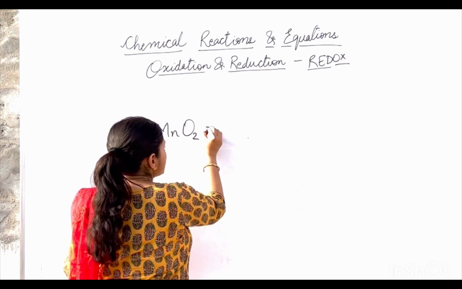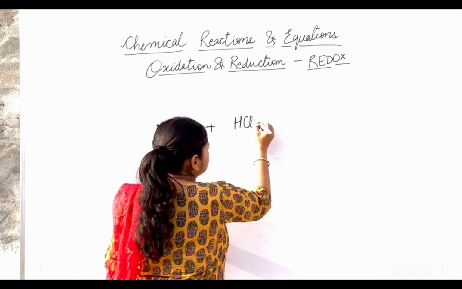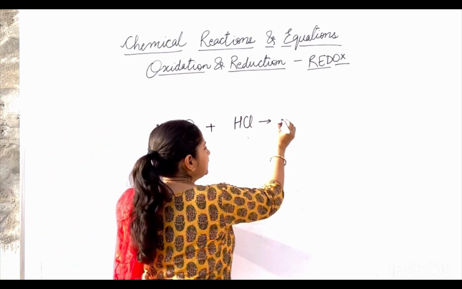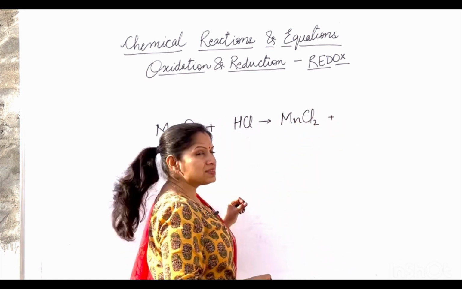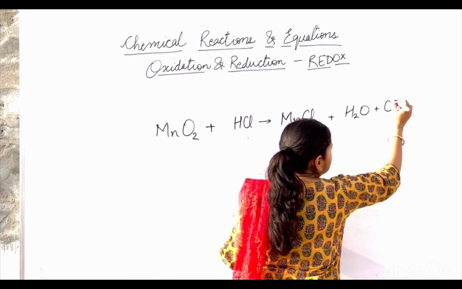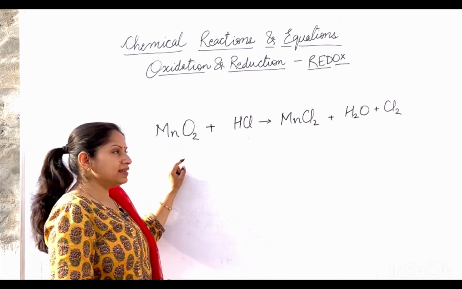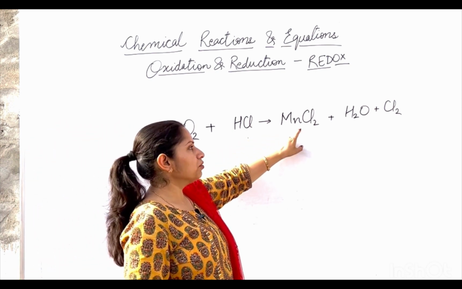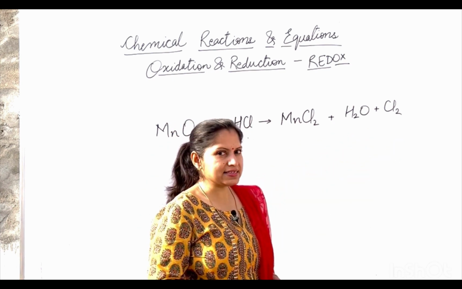Manganese dioxide is combining with HCl to form manganese chloride, MnCl2, plus water, plus chlorine gas. Manganese oxide combines with hydrochloric acid to form manganese chloride, water and chlorine gas.